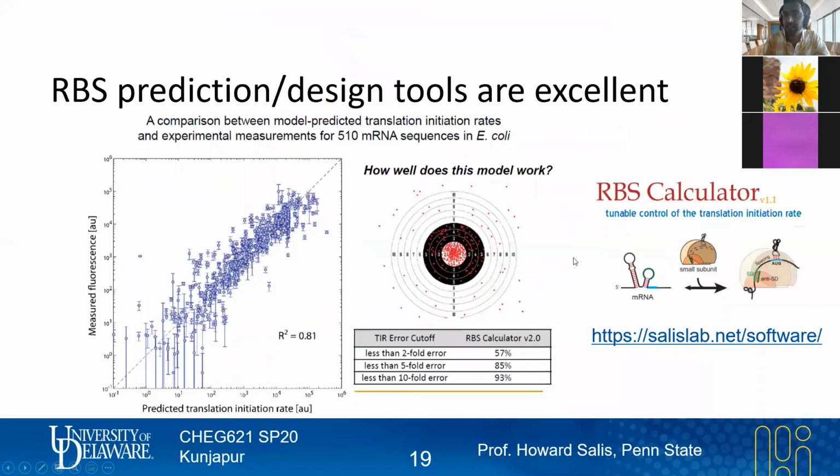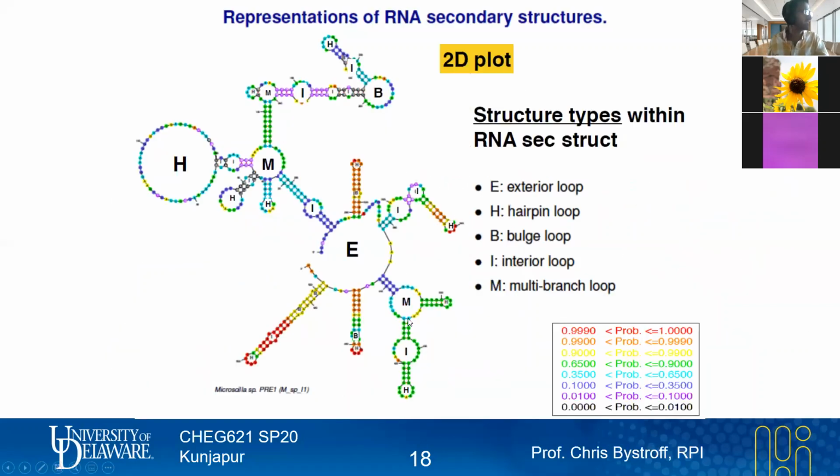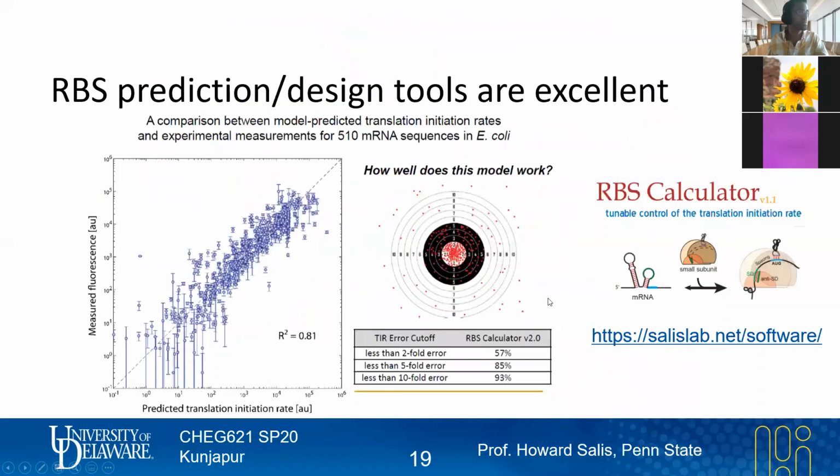So when it comes to RBS calculation, you've got this structural effect and you've got the strength of the RBS, which, because every organism has a different 16S rRNA sequence, leading to a different consensus Shine-Dalgarno sequence, any sort of calculation approach is organism specific. But the 16S rRNA regions are pretty well documented.